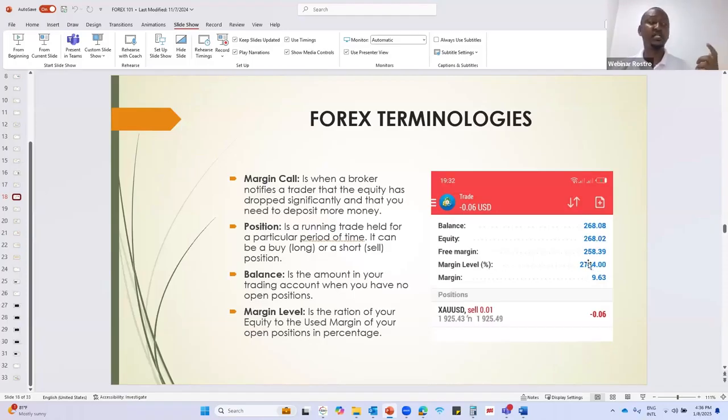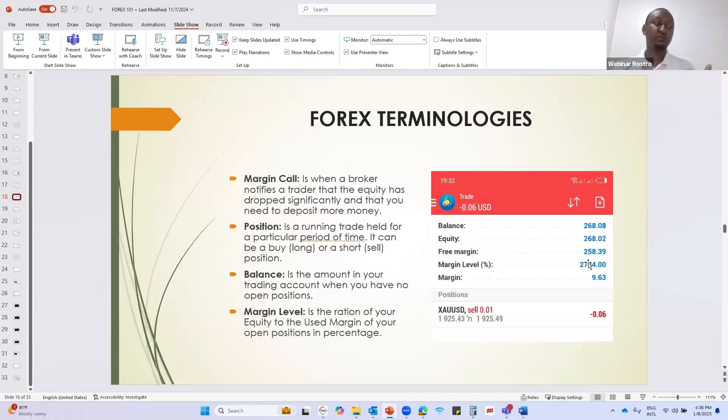It's an SMS and an email notifying you that your equity has reduced significantly and you need to deposit some funds so that you can continue trading.